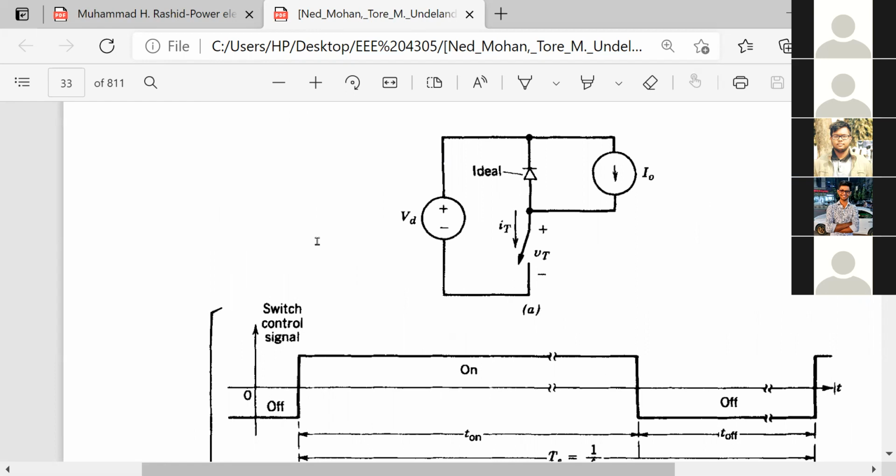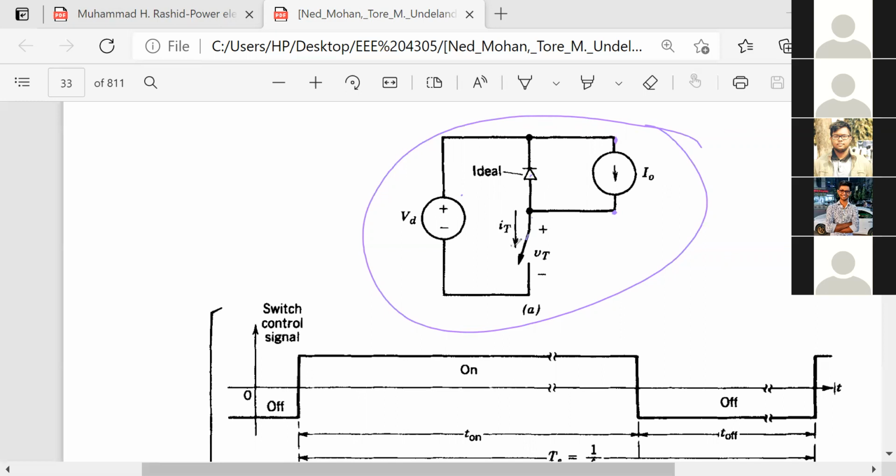Okay, now a figure has been introduced in front of you. We want to see the switching loss, as someone mentioned. This is a DC voltage we have applied, this is the current source, this is the ideal diode, and this is the switch we want to operate on and off.